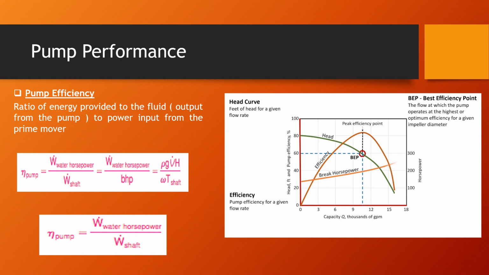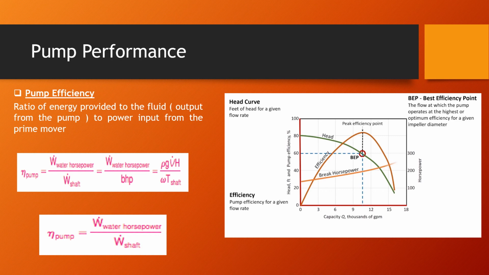So there would be an optimum point where you'd have the maximum amount of energy imparted to the fluid for an optimum head. That is called the best efficiency point. Beyond this, you'd have more water, but you'd have less head, so you'd be imparting less energy to the fluid.